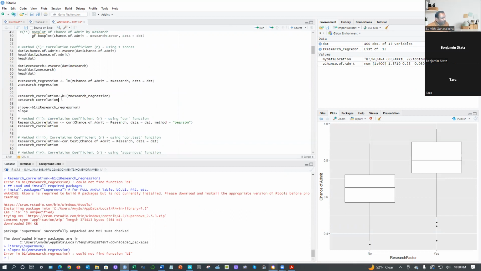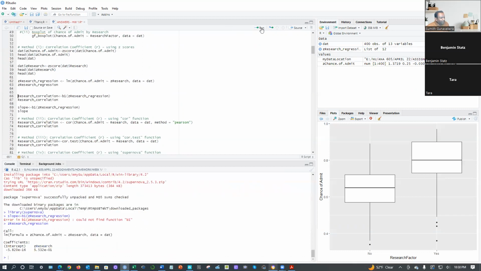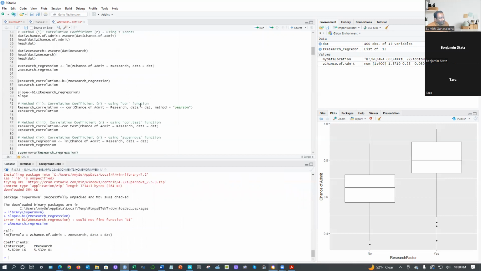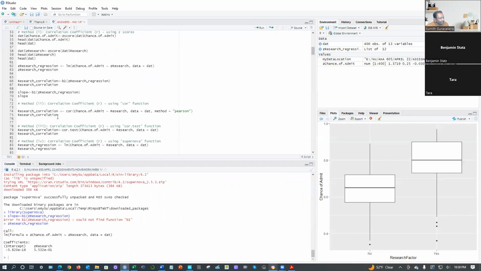But anyhow, when you run, see, B1 research correlation, B1 slope, that's the same thing. But here, this is the one I'm talking about. Oh, you can look at here. This one, okay? Research function, copy, research name underscore correlation. I'm going to say this one. No, I need only this word.